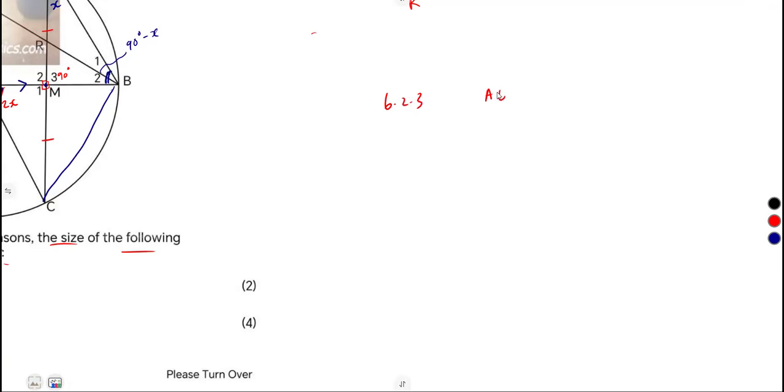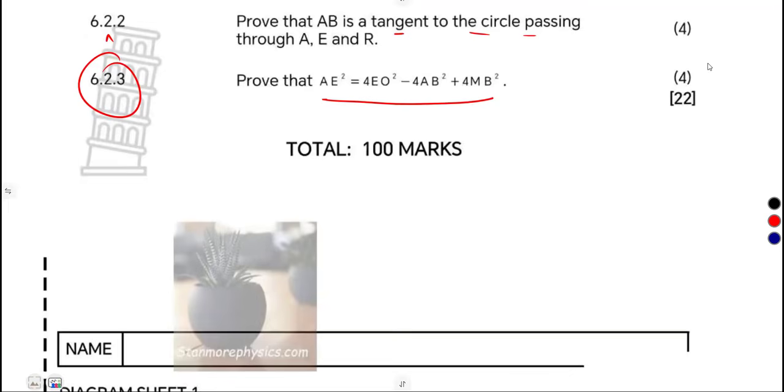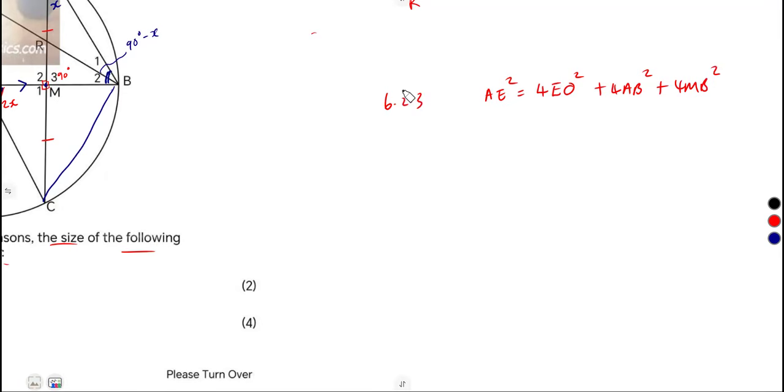We need to prove that AE squared is equal to 4EO squared plus 4AB squared, minus 4ME squared. There's a minus here, this is a negative.